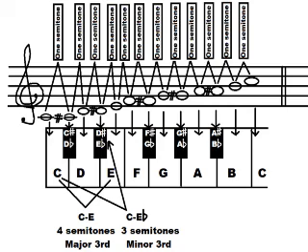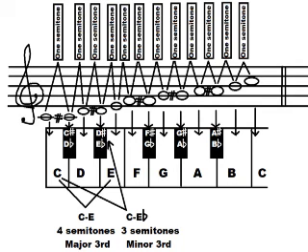C to E has 4 semitones. But C to E flat is a third with 3 semitones, which is major minus 1, giving us minor. So this is a minor third. Any third that has 3 semitones is a minor third. Any third that has 4 semitones is a major third. So you see that a minor third is 1 semitone lower.